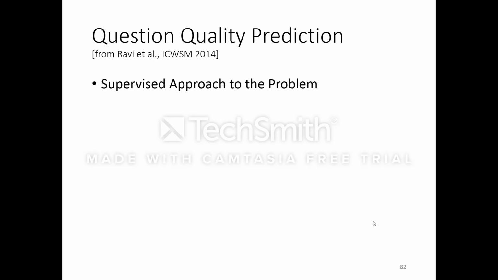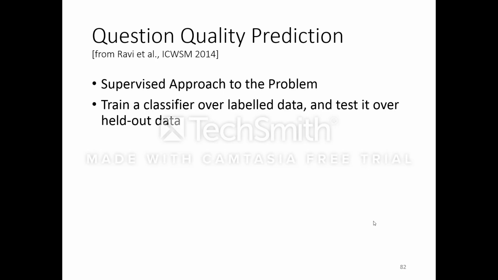So they propose a supervised approach to the problem, which is not so surprising, because essentially you will need to have some notion of quality embedded into the approach, and the best way is to use some training data. And so they train a classifier over labeled data and test it over held out data. And the features used in the classifier are things like question length, and to the best of my recollection, they identified that question length is more or less correlated with quality.